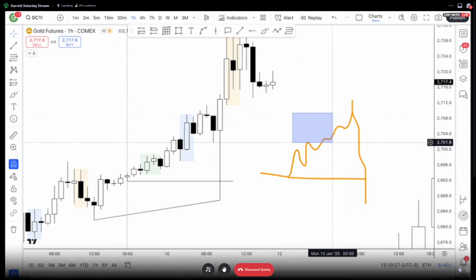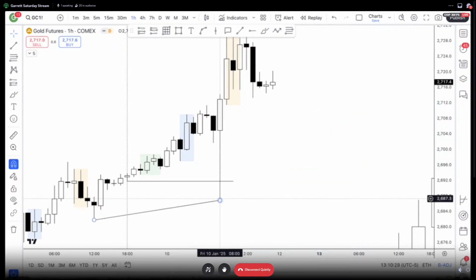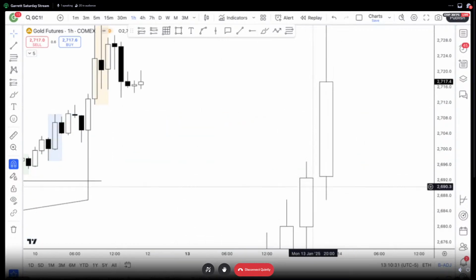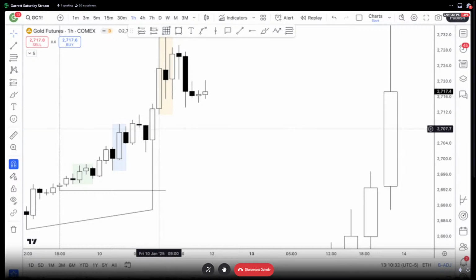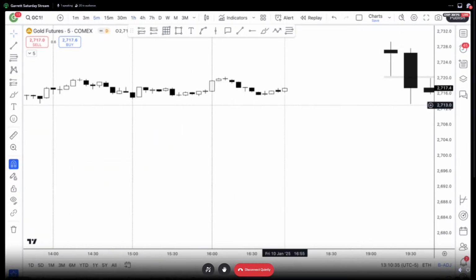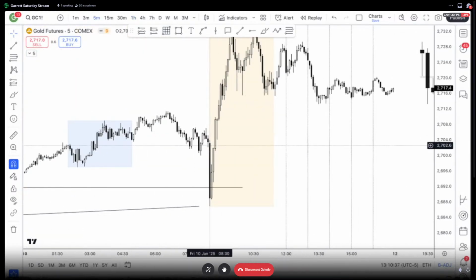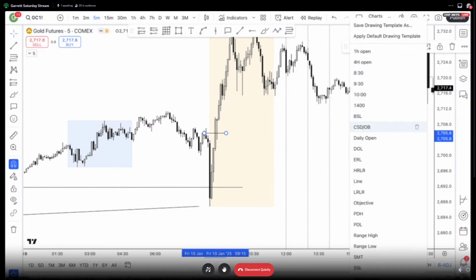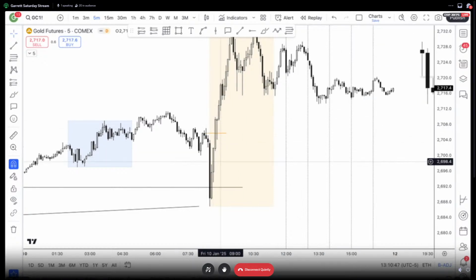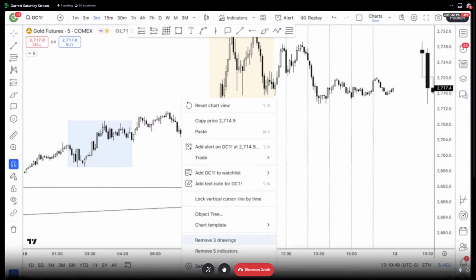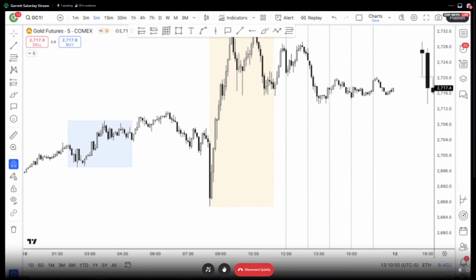So if you look here, it creates the wick of the daily candle. It's also a small wick, and then we expand again. So if you look on the 5 minute here, you have 8:30, make an opposing run to our draw, right? And then we just get that confirmation right there. So you're pairing a manipulation with a driver, which is higher probability.